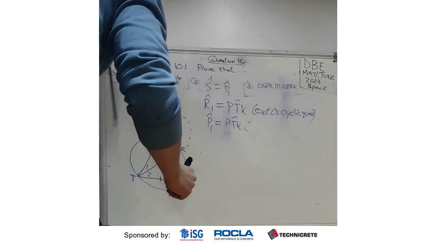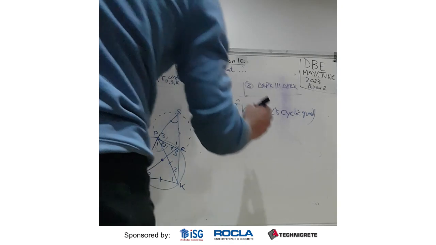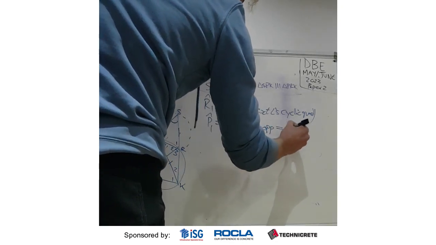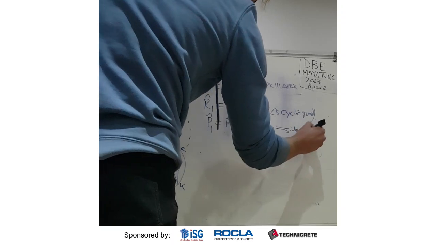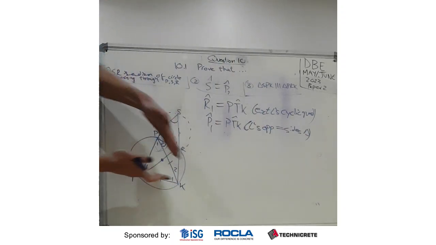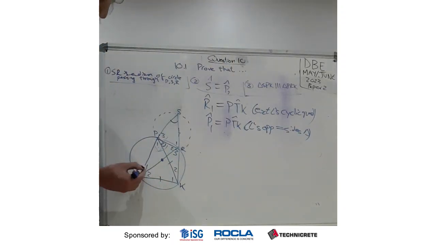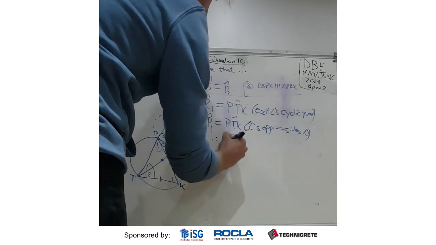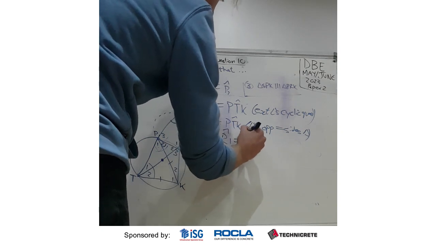It is angles opposite equal sides of a triangle. Because these are equal sides of one isosceles triangle, these two should be equal. So because of that, angle R1 is equal to angle P1.